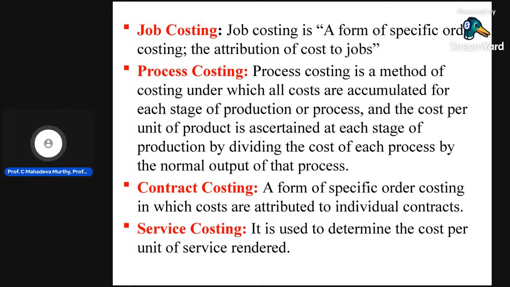The next one, contract costing. Contract costing is a form of specific order costing in which costs are attributed to individual contracts. Take an example, a building contract, road contract, dam contract. That is what we call contract costing. Each contract having its own cost. In road construction or dam construction, today the raw material may be 5 rupees, tomorrow it may be 7 rupees, and it may change next year, because the contract period may be 5 years or 10 years.